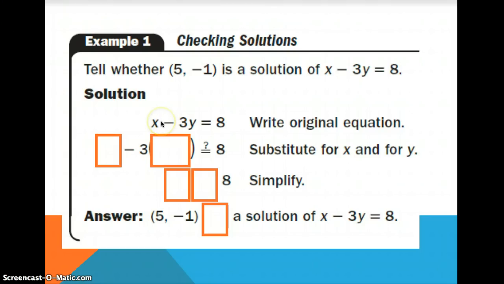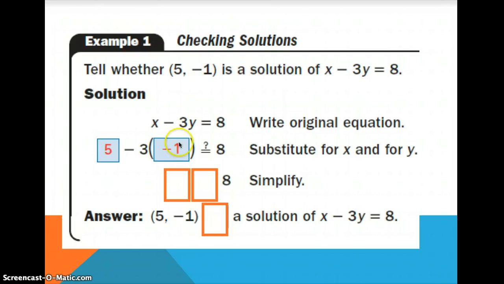All you have to do is place those values into x, which is 5. Bring down the minus 3, and for y, put in negative 1.